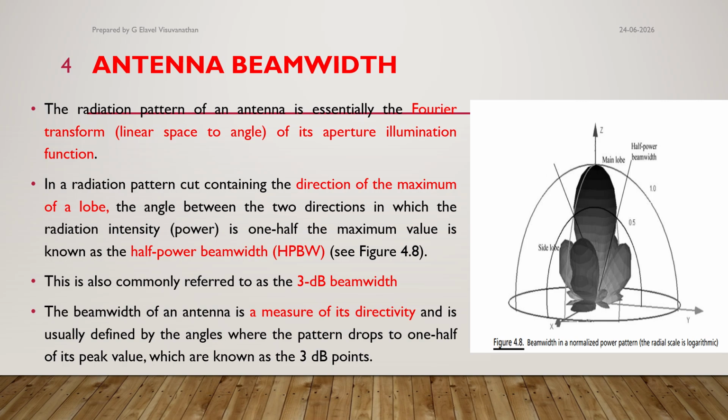That is HPBW, half power BW. You can see that between the main lobe and the side lobe, in between the two directions, the angle is going to be measured.